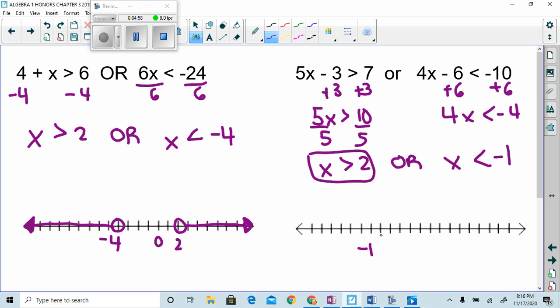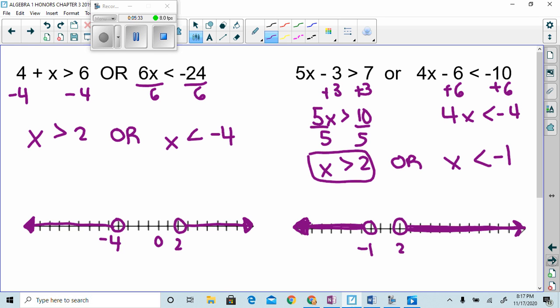So if x were greater than 2, open circle and shading into positive infinity, or x was less than -1 into negative infinity. Those shaded areas tell you what your possible solutions are.